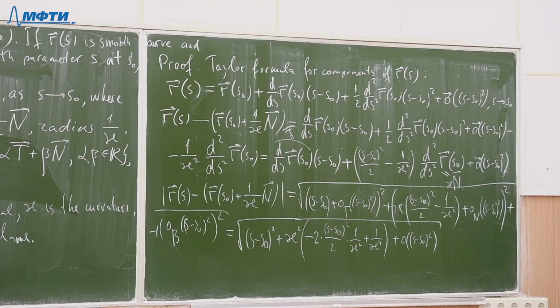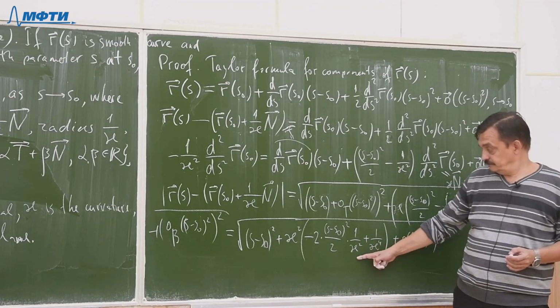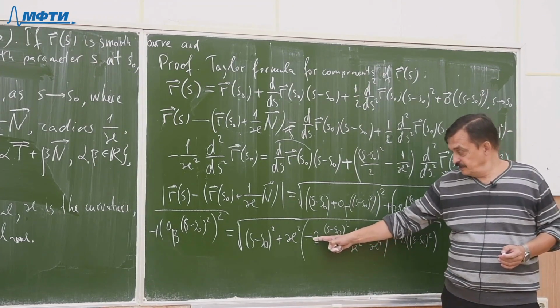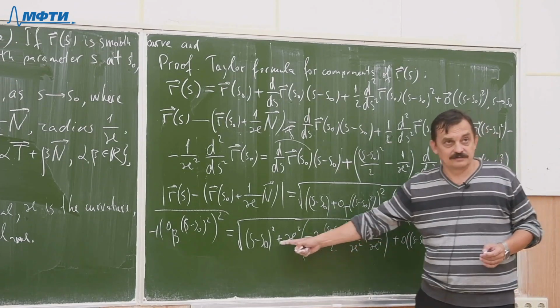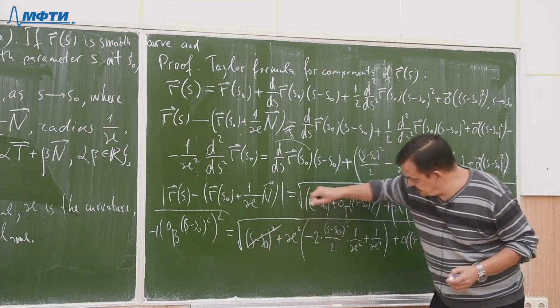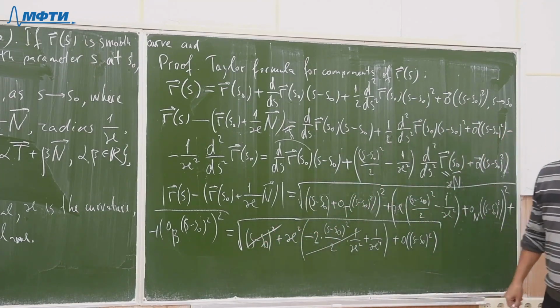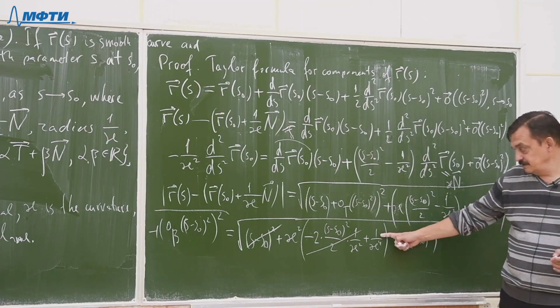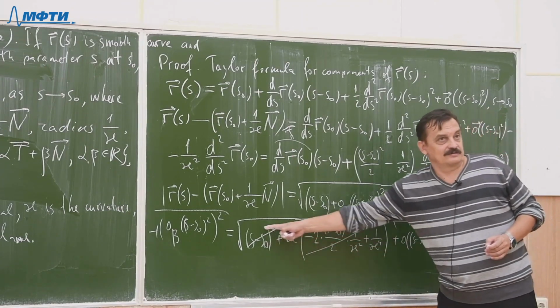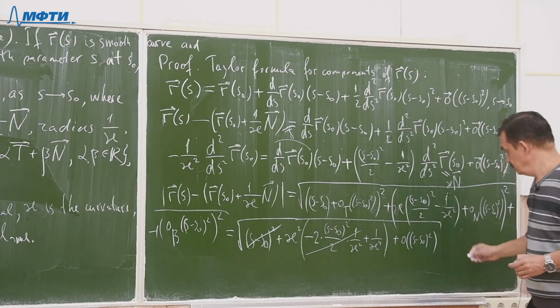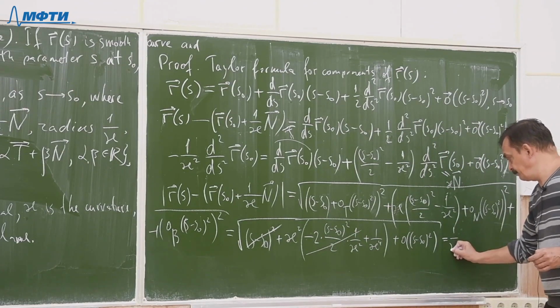Now look, what is here? Minus s minus s naught squared. So we cancel this. And what remains? Just 1 over kappa squared square root. So we obtain 1 over kappa.